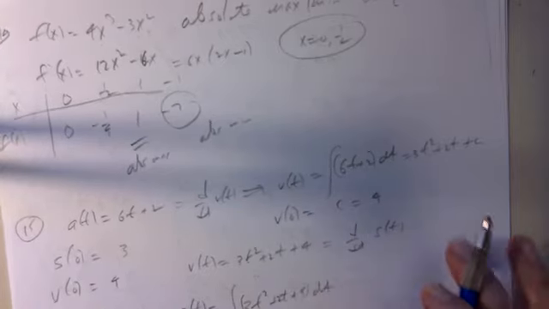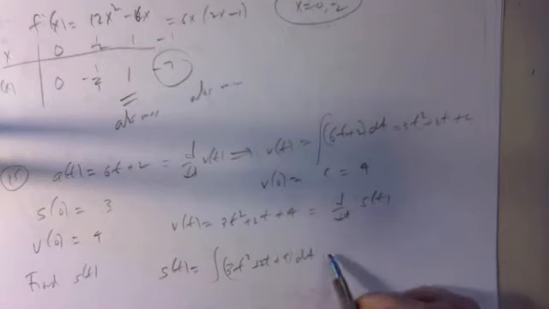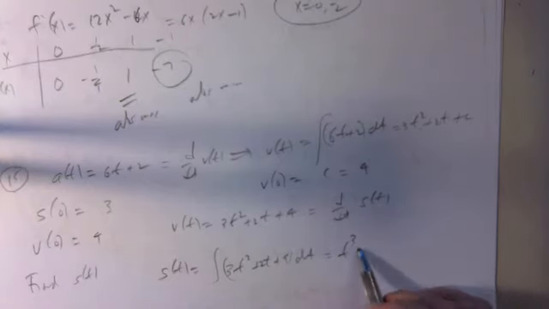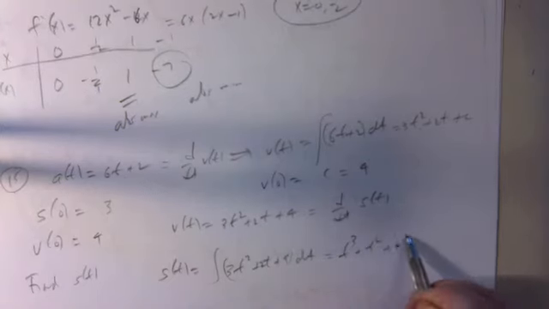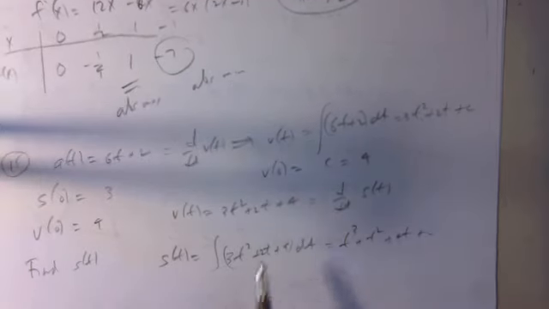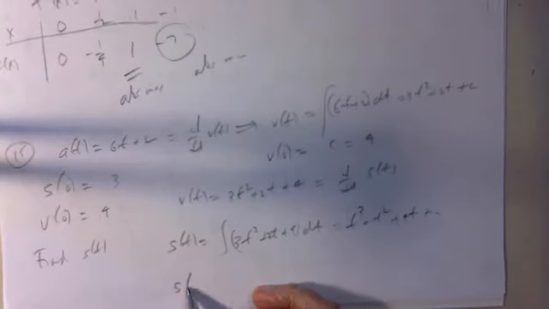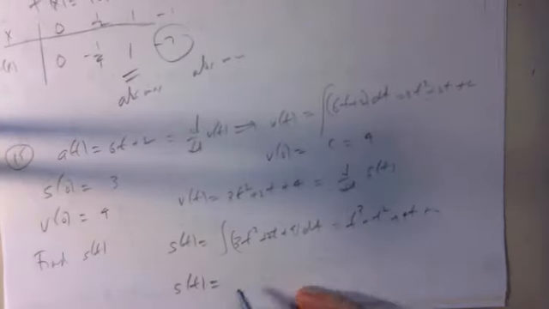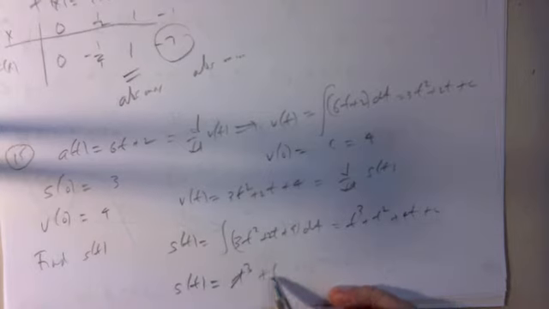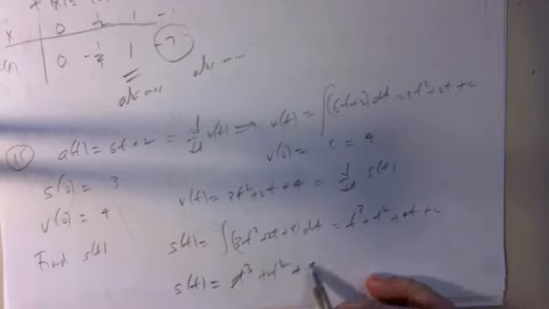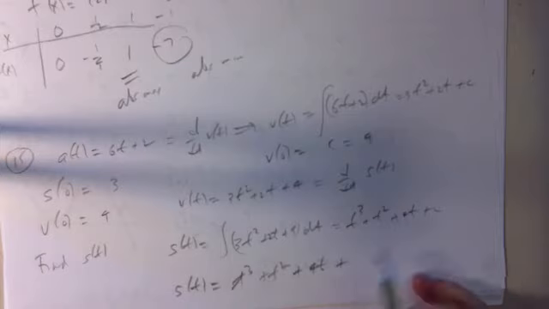S of t is the integral of 3t squared plus 2t plus 4. So when we integrate, we get t cubed plus t squared plus 4t plus a constant. And S of 0 is 3. So when you plug in 0, you get c equals 3. So S of t is t cubed plus t squared plus 4t plus 3.